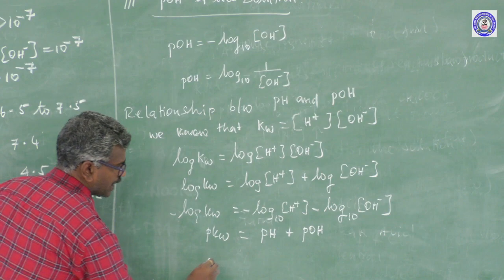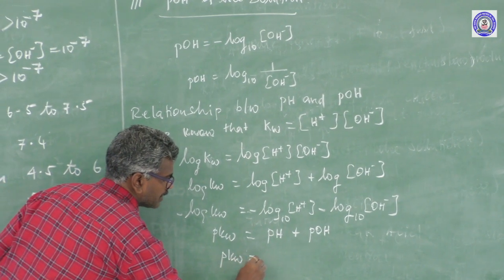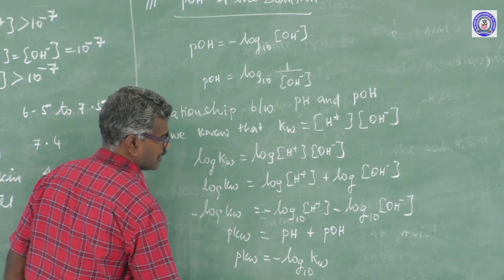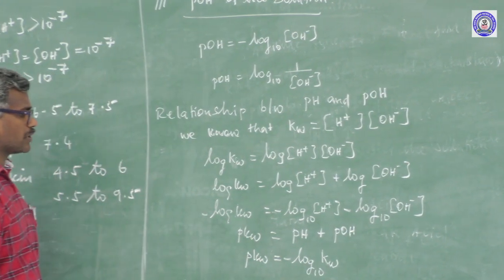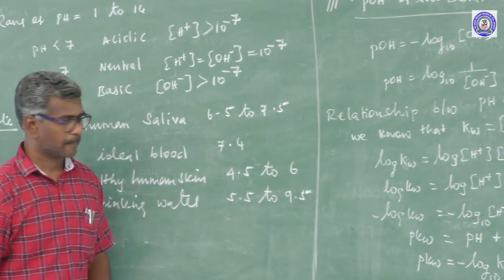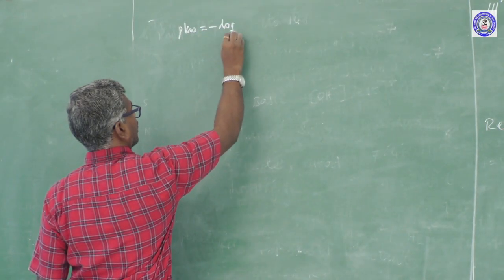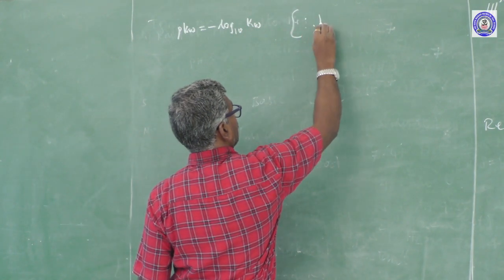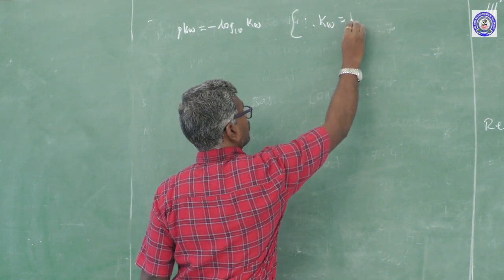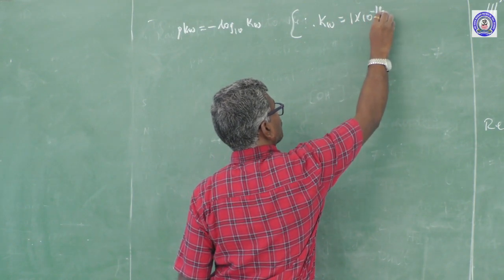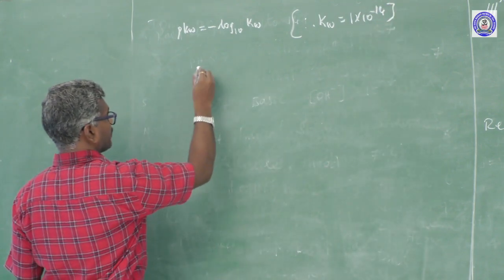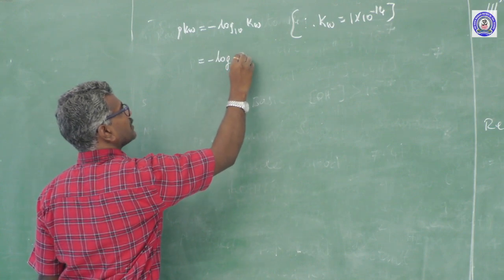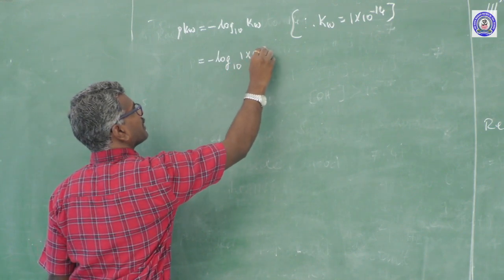What is pKw? pKw is nothing but minus log base 10 of Kw. What is the Kw value? 1.0 times 10 power minus 14. So pKw equals minus log base 10 of 1 times 10 power minus 14.